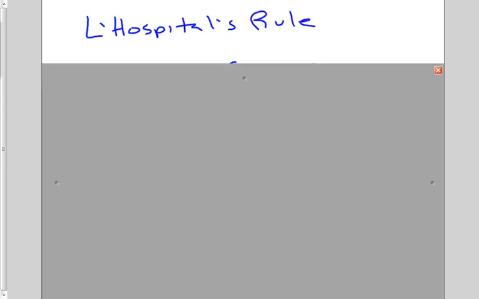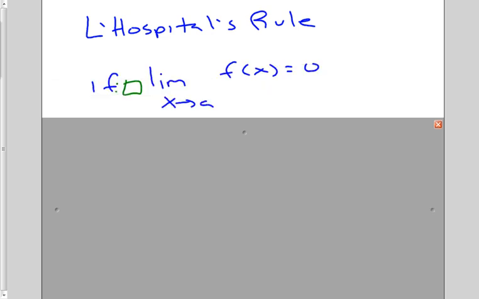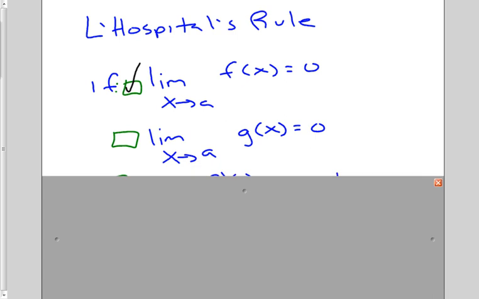So we need a new method, and the new method is L'Hopital's rule. Here's the definition of L'Hopital's rule. The following conditions must be met. The first condition: the limit as x approaches a of f of x equals 0. And the second: the limit as x approaches a of g of x equals 0.